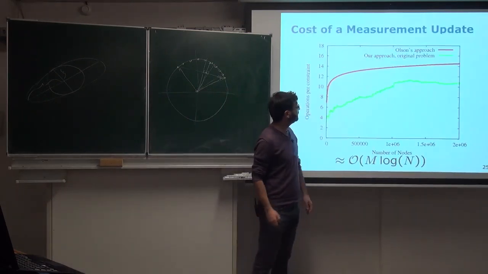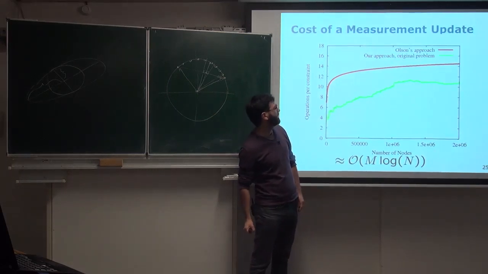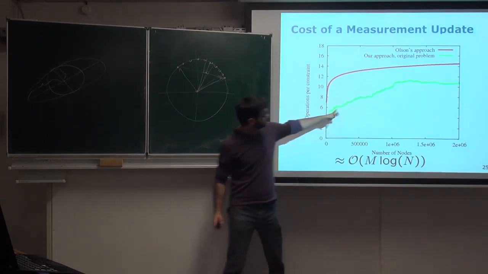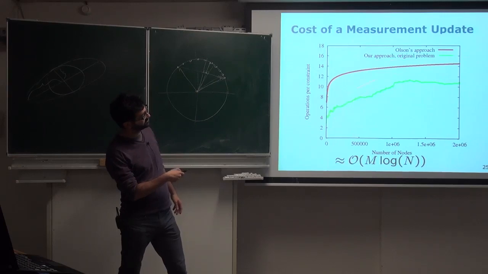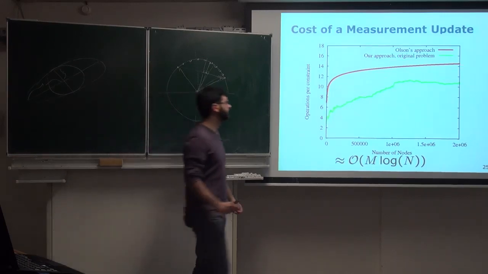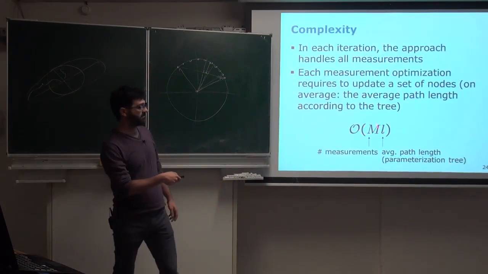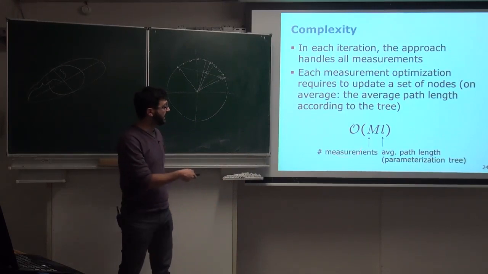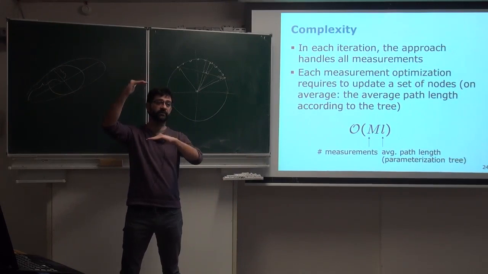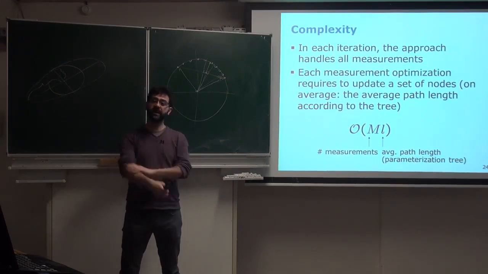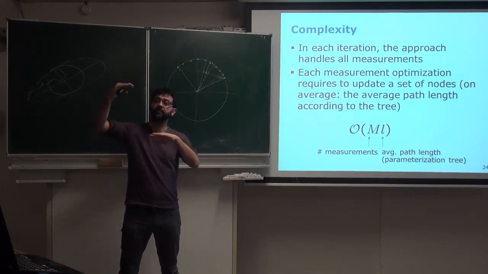Now, if you look at the graph, you can already see, let's say graphically, that it goes something like m log n, because it has this nice shape. The reason why it's m log n is that you can imagine that m is the number of measurements, and the average path length, if you do a nice tree, is actually a logarithm of the number of nodes. Now, if the tree is balanced, the path length is roughly the logarithm of the number of nodes.